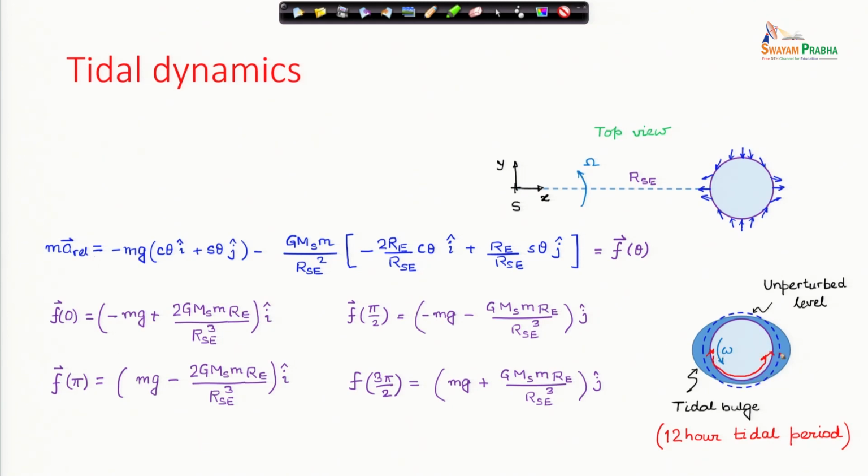So, from noon to midnight, and again the person will observe a bulge. Therefore, this tide has a 12-hour period. The tidal period is 12 hours. So, after every 12 hours you will see a high tide, or this portion is a low tide region. So, every 12 hours you will see low tide.